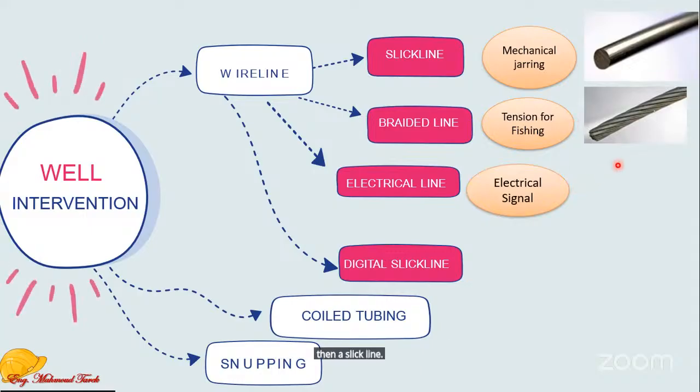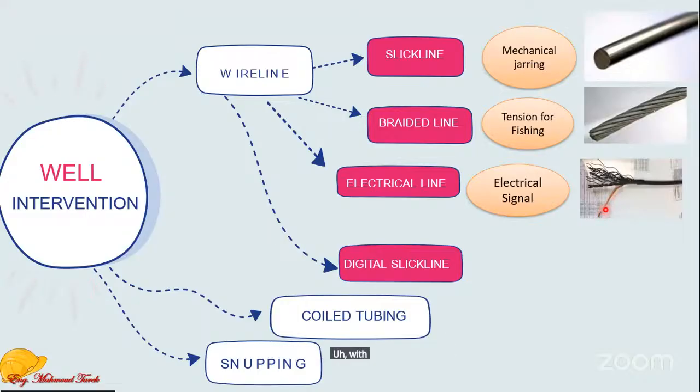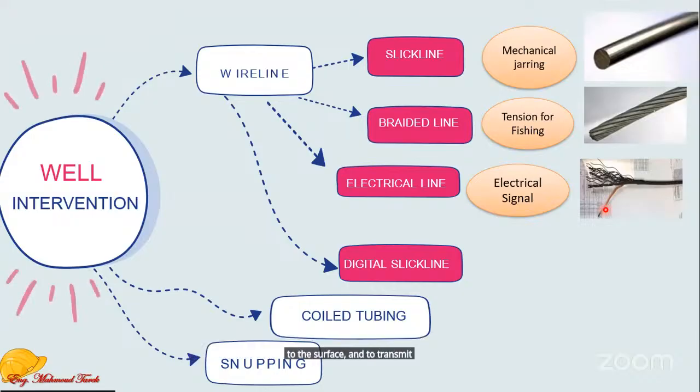For the electric line, it also has strands, the same strands, but with an inner core of conductor material which transmits electrical signals from downhole to the surface, and receives the data from the bottom hole or from the tool to the surface, and transmits signals from the surface to downhole.